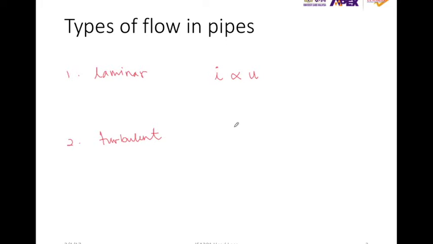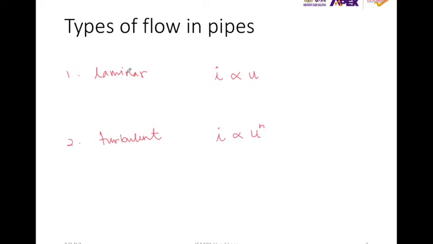If it's turbulent flow, then the hydraulic gradient is directly proportional to flow velocity to the power of n. This implies that if the flow is laminar in the pipe, then there is less hydraulic gradient or less pressure drop along the length of the pipe. But if it's a turbulent flow, then there is an increase by a factor of n, power of n, in head loss due to the length of the pipe.